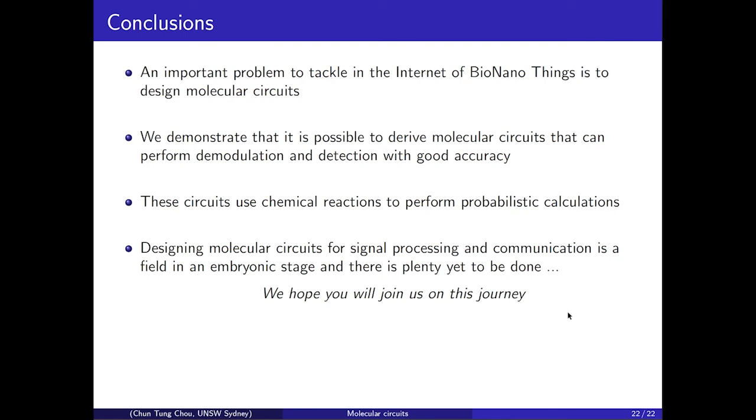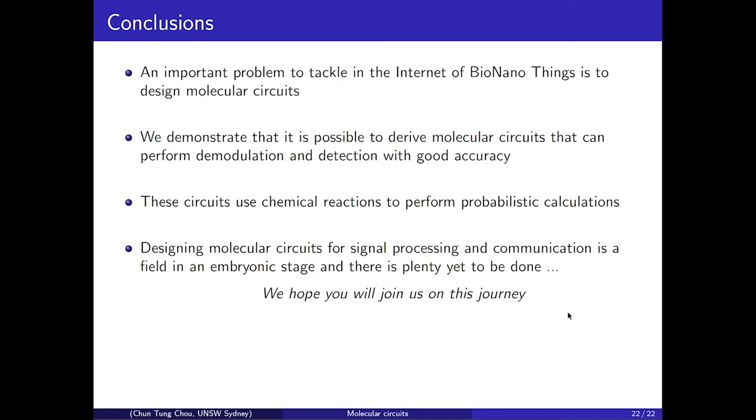So I come to the conclusions for this talk. The key message I want to put is that an important problem to tackle in the Internet of BioNano Things is to design molecular circuits. We have demonstrated that it's possible to derive these molecular circuits, and that they can perform demodulation and detection with good accuracy.